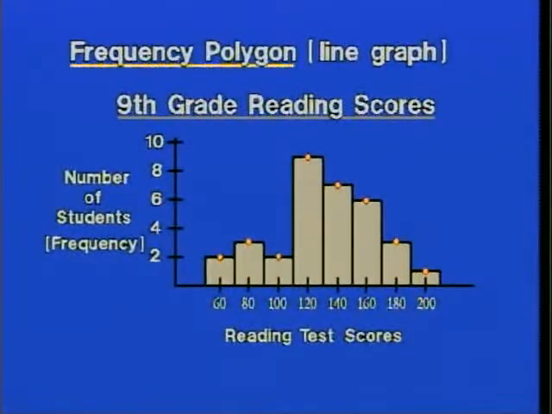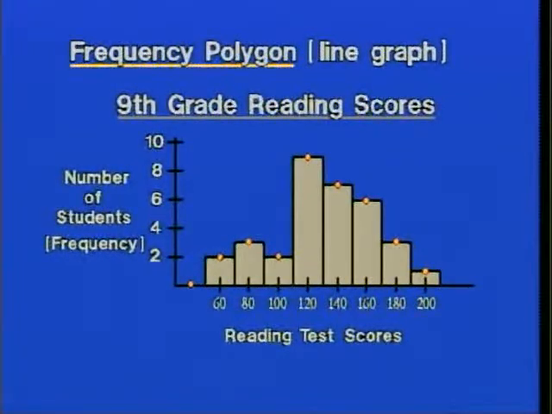And then we always want on a frequency polygon to begin at 0 and end at 0. So we'll identify a point at the beginning of the graph, at the left part of that horizontal axis, one class width away from that 60 mark.